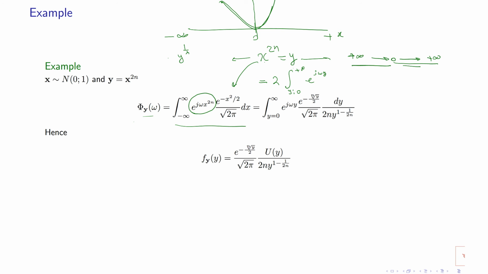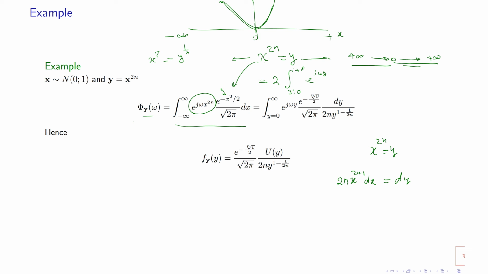1 over 2n, x is equal to y to the power of 1 over 2n. So here you replace this x by the root of order 2n of y, and then from this expression you have x to the power of 2n equals y. So if you take derivatives, dy becomes equal to 2n x to the power of 2n minus 1, and then dx.